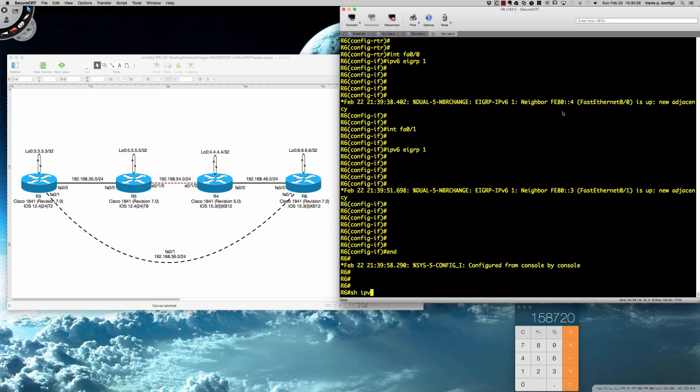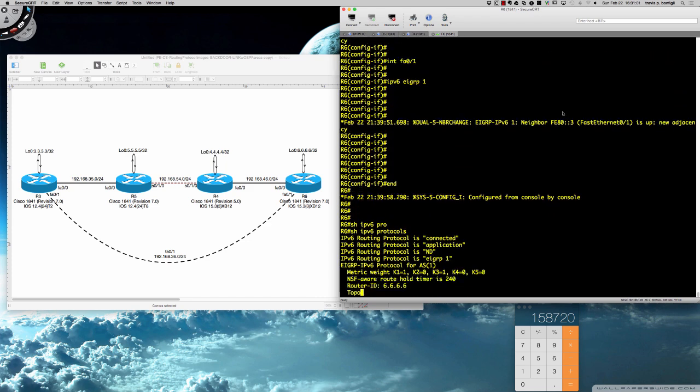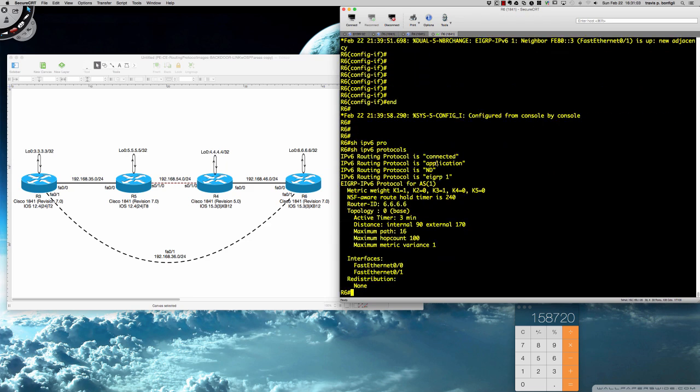So we've got show IPv6 protocols, right? So here's our information about IPv6 protocols. We can see that these are the protocols for autonomous system 1. Here are my metric weights, right? K1, K2, K3, K4, and K5. Keeping in mind that only K1 bandwidth and K3 delay are accounted for.